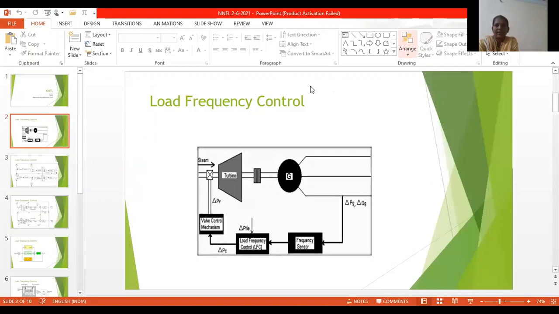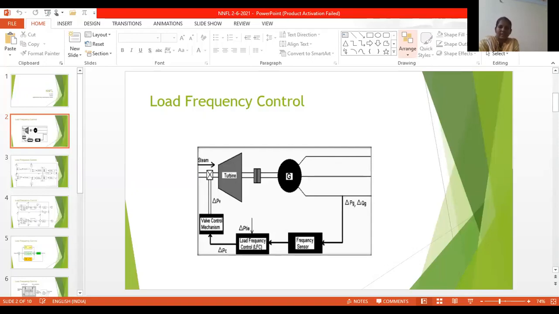It is very essential to maintain constant frequency and constant voltage to give a balanced power output from the generator. Definitely, you should not allow large variations in real power as well as reactive power.